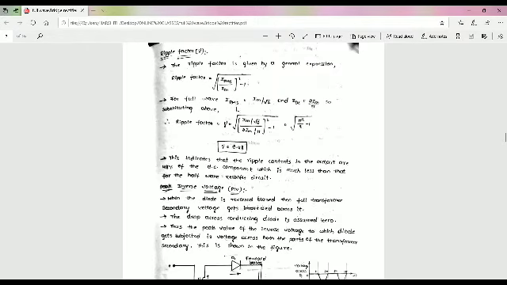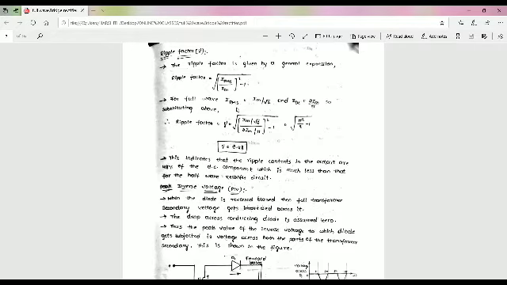Okay, for full wave rectifier, IRMS equal to Im by root 2 and IDC equal to 2Im by pi. Substituting in the above equation, ripple factor equal to square root of (Im by root 2 by 2Im by pi) whole square minus 1.